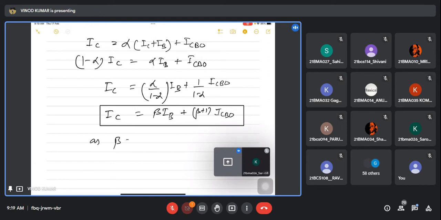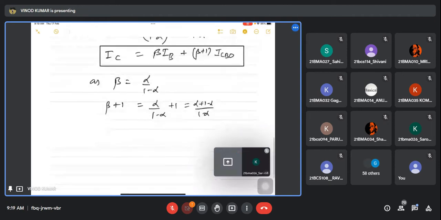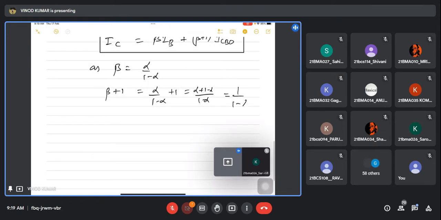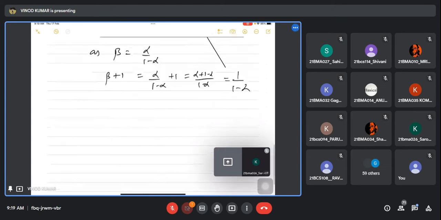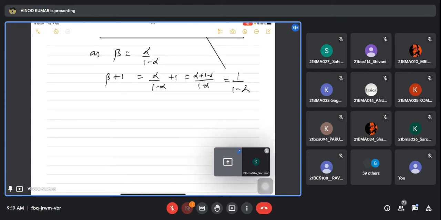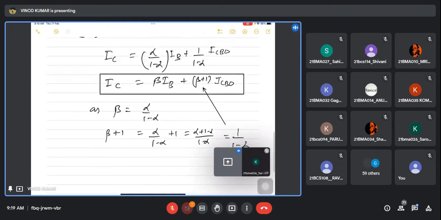Because as beta is alpha over 1 minus alpha, beta plus 1 is nothing but 1 over 1 minus alpha. So we can replace this. Okay. So this is the equation being modified, and this is what we are getting. So this is the relationship for common emitter configuration.